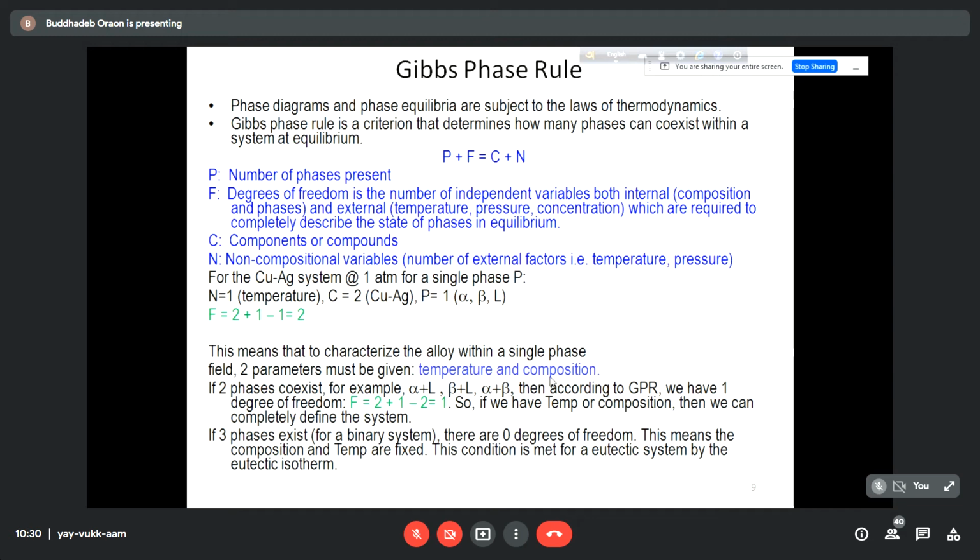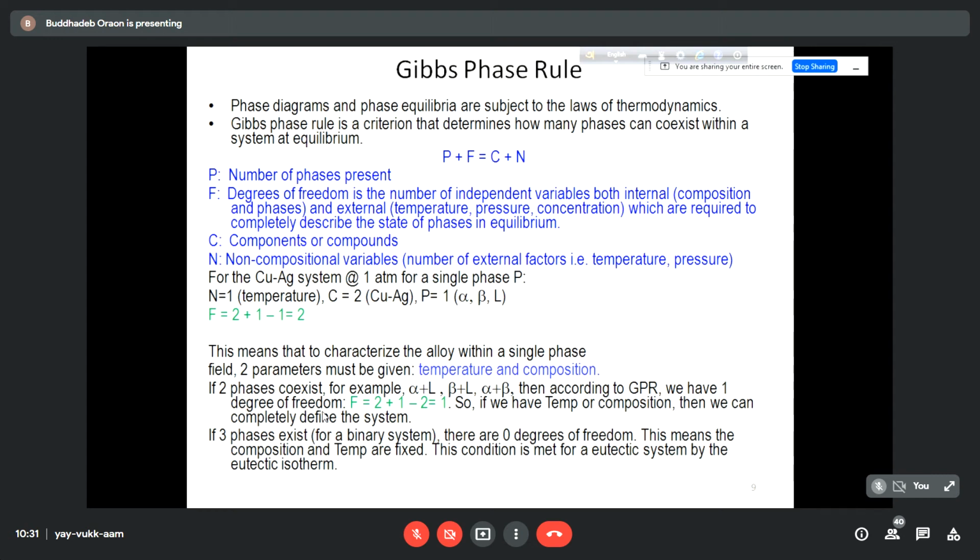If you know temperature and composition, then only you will know what is the equilibrium position in that single phase region. So the degrees of freedom indicate the number of factors that will be required to completely characterize the system in that particular phase.